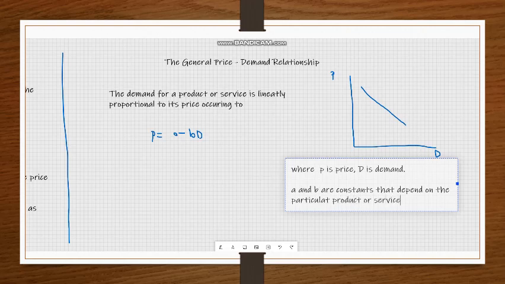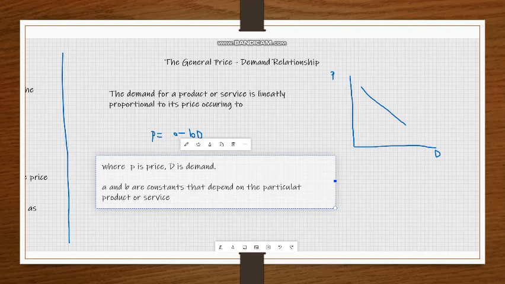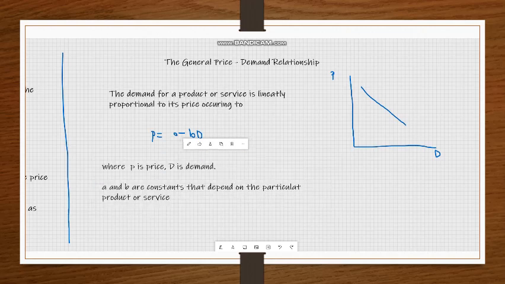So it depends on your product or service how A and B change according to this line. Here D is the demand. If we increase the demand, P is going to go linearly up, and the total cost and the profit are going to change A and B as well.